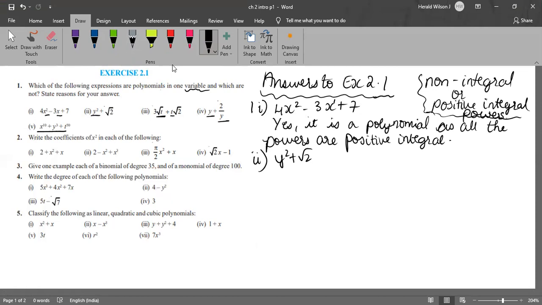So according to this condition, look at this question. We are considering only y square, right? So y square, of course, is nothing but a polynomial.